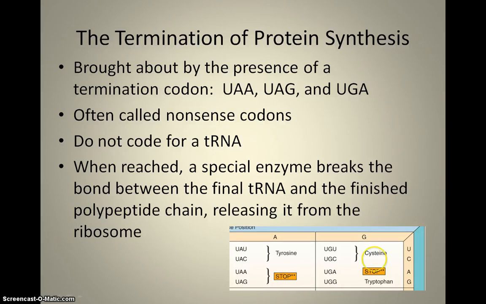So if a triplet is UAA, UAG, or UGA, it doesn't code for any amino acid, and so this is when it signals the tRNA to sort of stop and that the entire amino acid sequence is built.